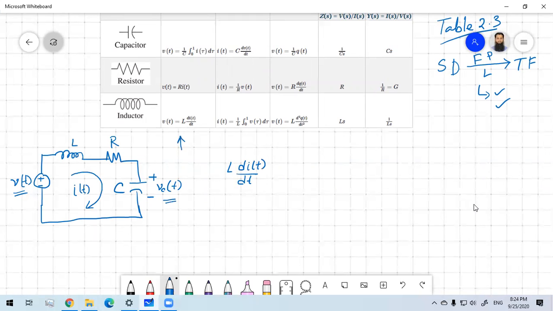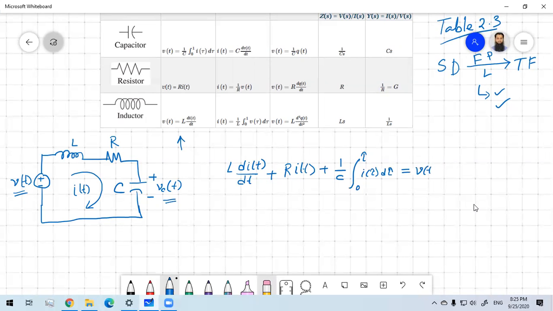Then plus the voltage across the resistor, that is R i(t), plus 1 by C integral from 0 to t of i(tau) d tau, the voltage across the capacitor, and that should be equal to your supply voltage.